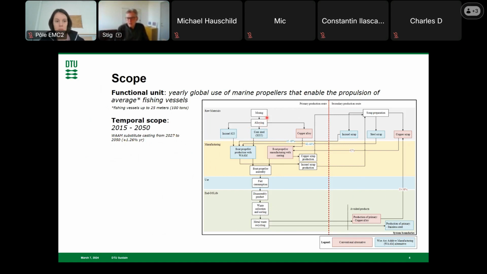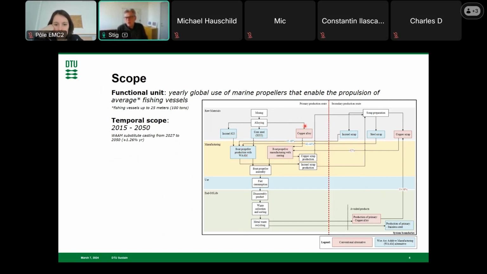And as you can see here, we have the blue ones related to wire arc additive manufacturing. So we have some Inconel, which is a very hard surface layer, and the stainless steel. We have a core steel, which is then coated by Inconel, and we have the boat propeller produced by this WAAM.